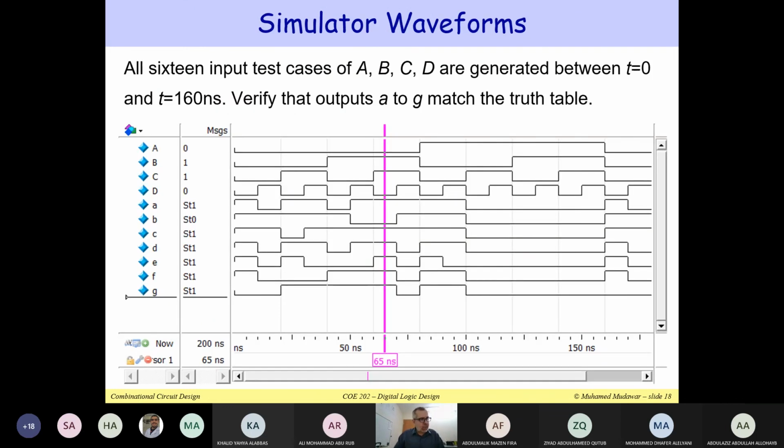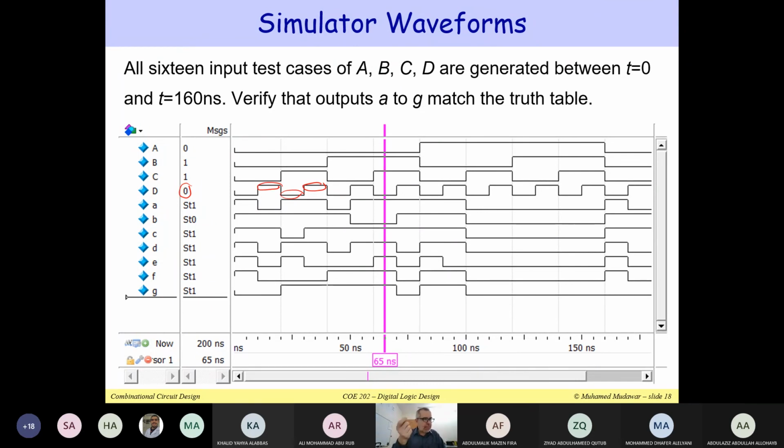So now you can run the simulator. This is actually, I'm using it on Logisim. You can use EDA Playground. You can write it. You can test it. So you can see that here my inputs A, B, C, D. Notice that how D is changing. So initially D was 0. And then it becomes 1, then 0, then 1. And this is changing every 10 nanoseconds.